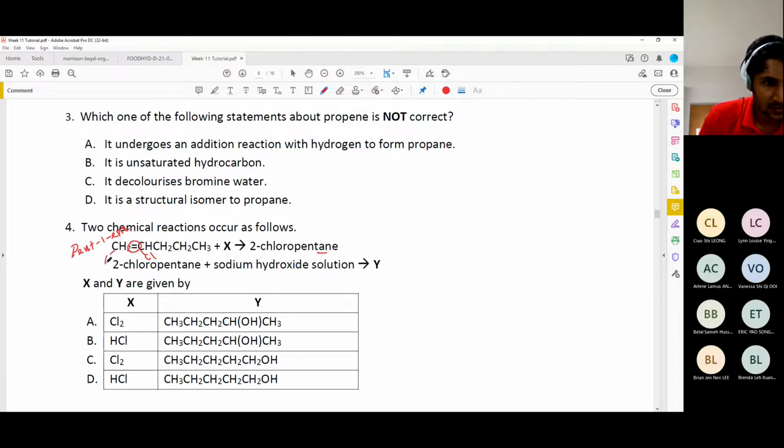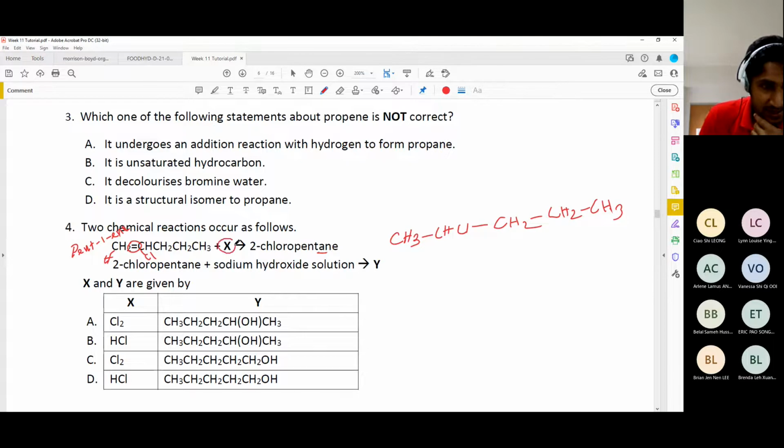Another one should be hydrogen here. So it becomes CH3, CHCl, this chlorine is here, and then CH2, CH2, CH3. So this is the product from the first reaction.